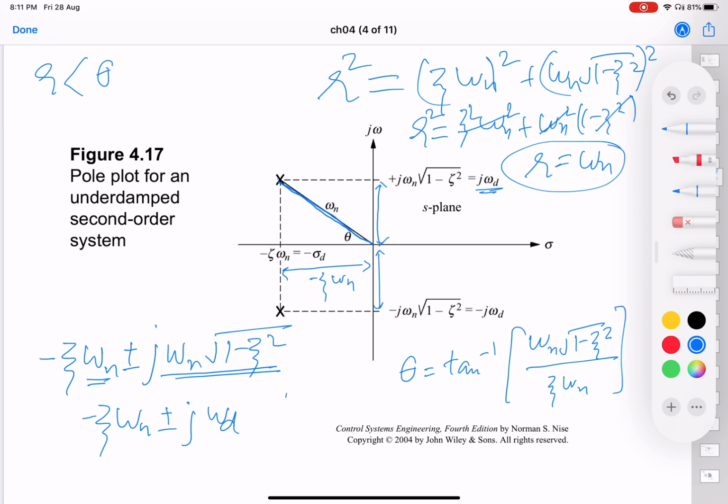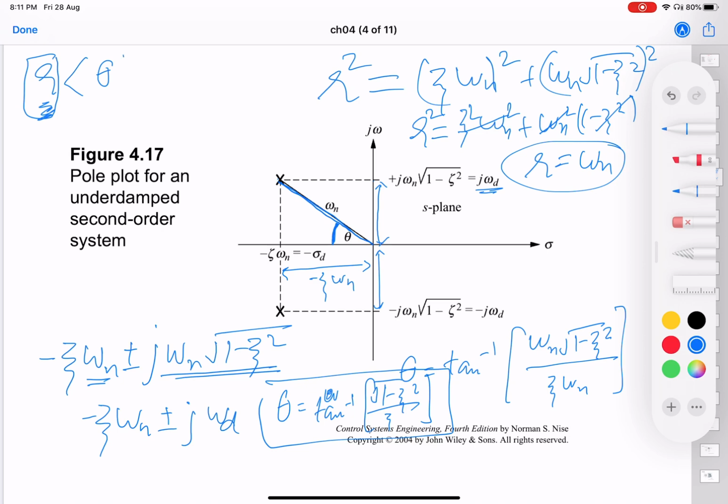So your angle theta is tan inverse of under root of 1 minus zeta square divided by zeta, right? So this theta is a function of only zeta, and your r is a function of the undamped natural frequency, and theta is a function of only the damping ratio.